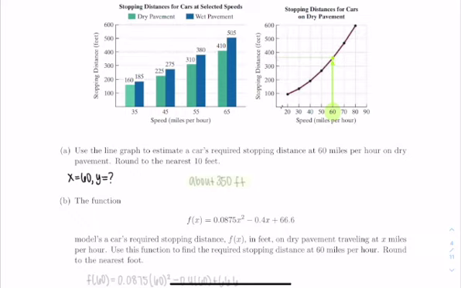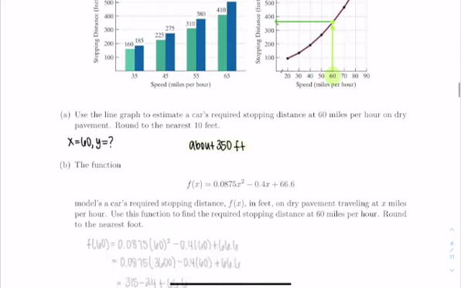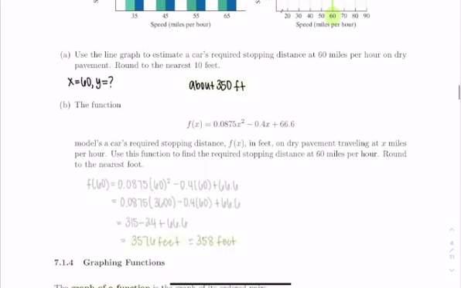And so let's see what y value is paired with our x equals 60. It looks like it's between 300 and 400, almost halfway. So I'm going to say that it's about 350 feet. And that is what is required to stop when we're traveling at 60 miles per hour.